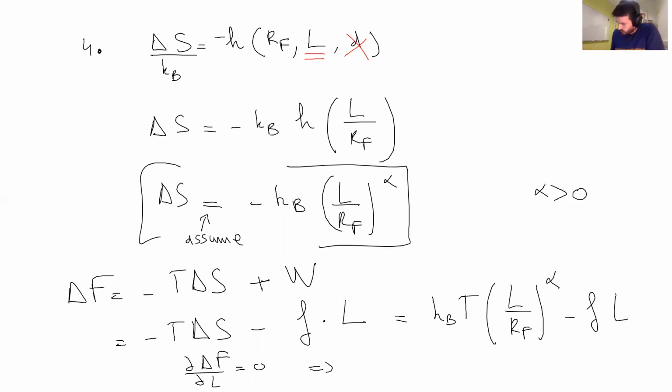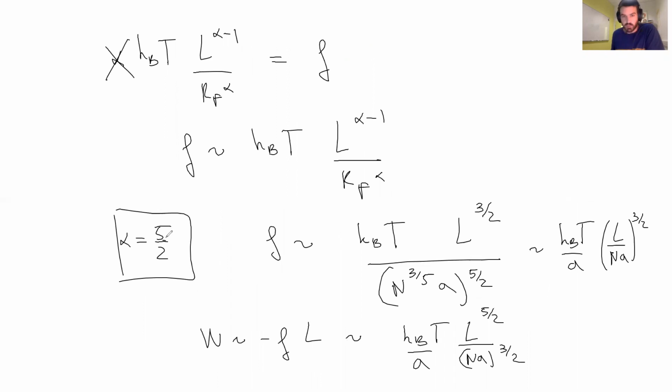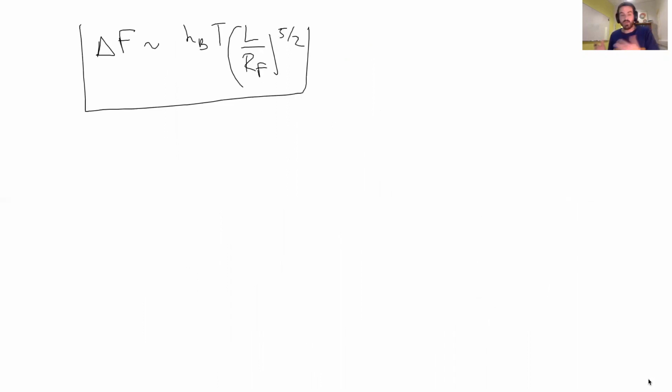Alpha is equal to 5/2 because this is what we found, but this was never really verified. But we will discuss in a minute that this equation for the free energy with L to the 5/2 is recovered in confinement. So we'll make a connection, and so it's very likely that the entropic expression is correct.